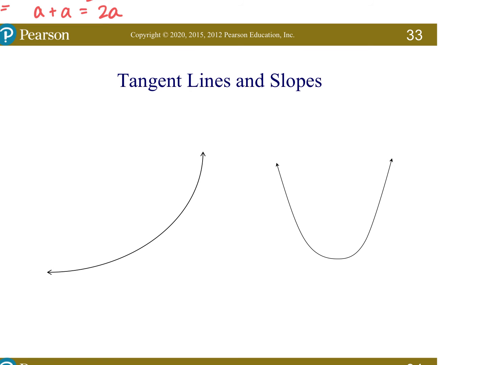A tangent line. A tangent line is a straight line that skims off the curve at one point, but keeps its direction. So for example, if I drew a tangent line, I would skim off my curve right here. Okay, that's the direction of a tangent line. You can do it off of any side.